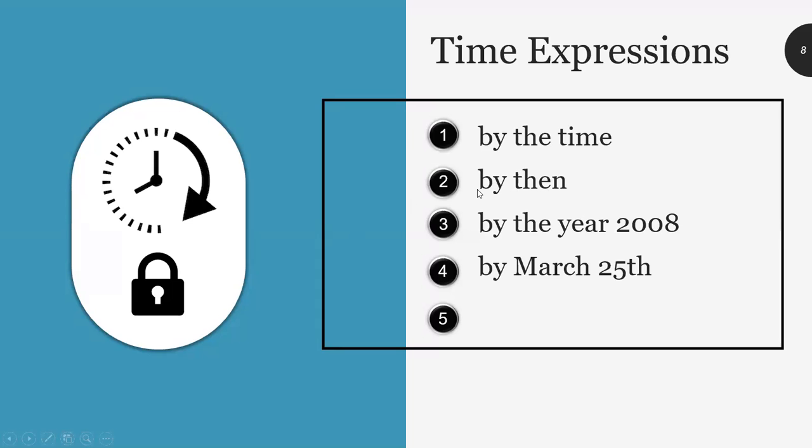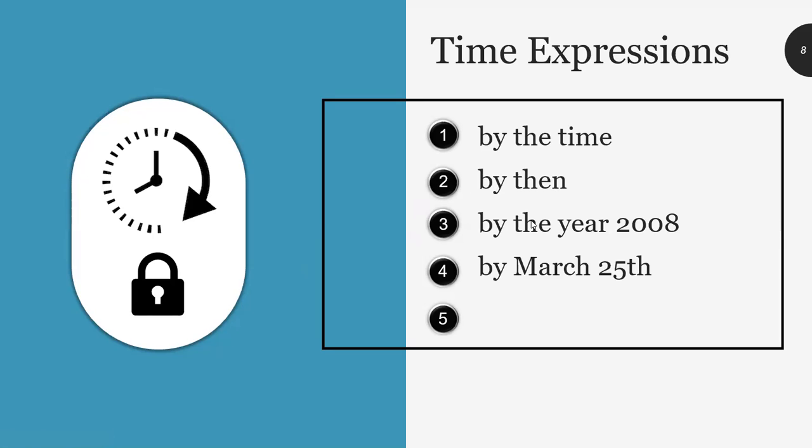So it means by December, by then, I will have finished my thesis. I will have written my thesis completely by then. By then refers to when you go back to America.